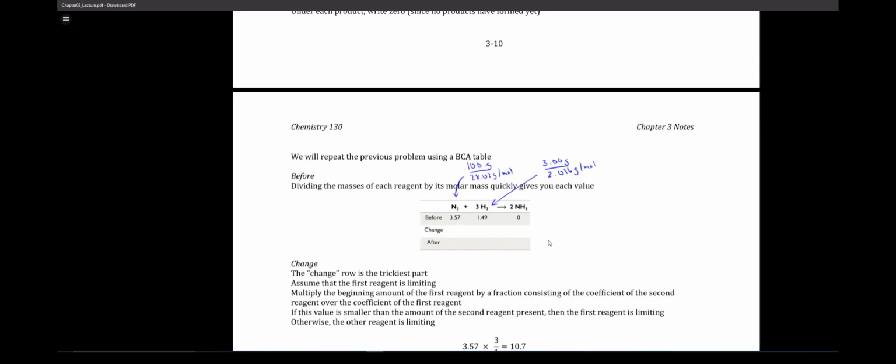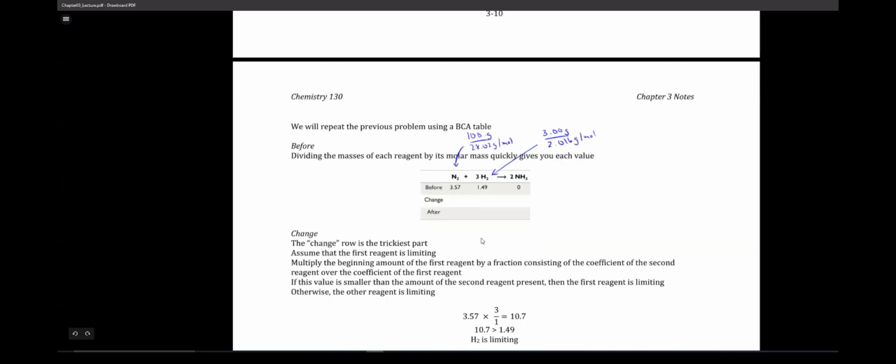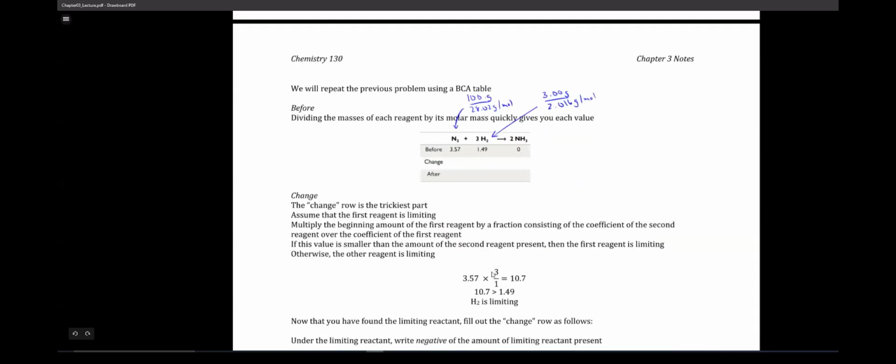Can you ever get a negative mass or mole? No. So the key for understanding the next part is if you get a negative answer, you did it wrong, which is fine. Knowing you did something wrong will immediately tell you what the right answer is, as you're going to see in this next part. This is the tricky part right here.